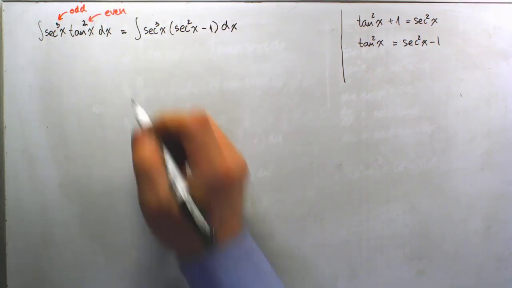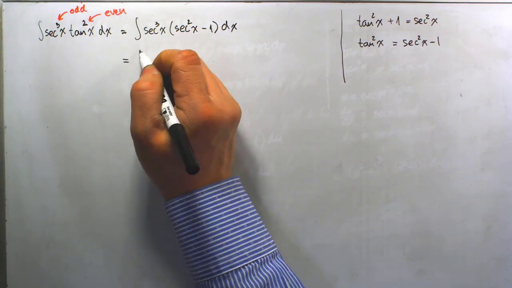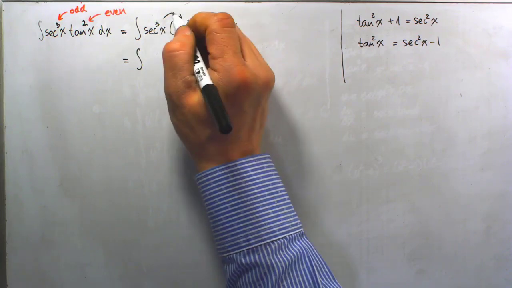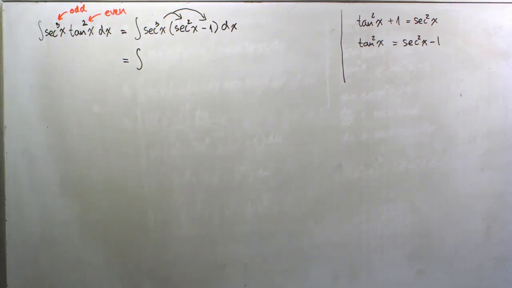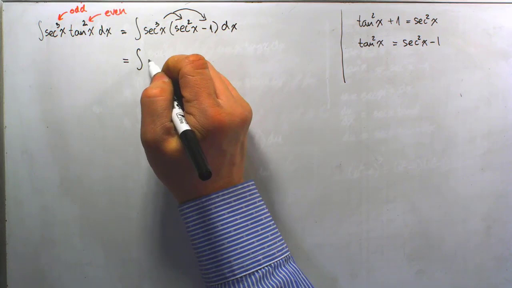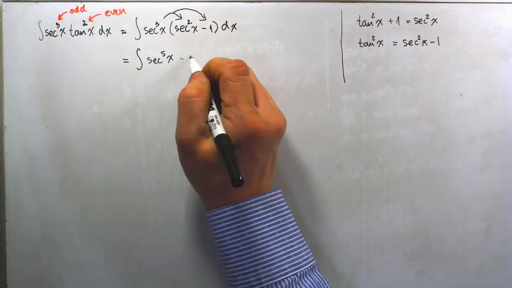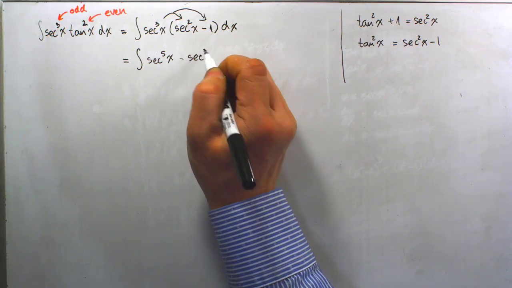And now I will distribute this secant cubed of x into each term in the parentheses to make secant to the fifth of x minus secant cubed of x.